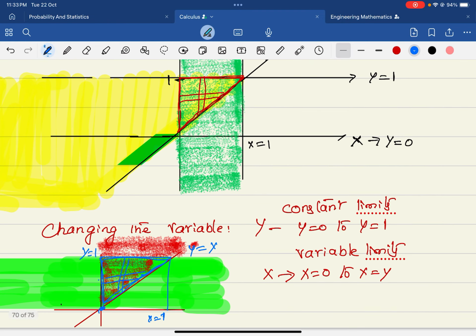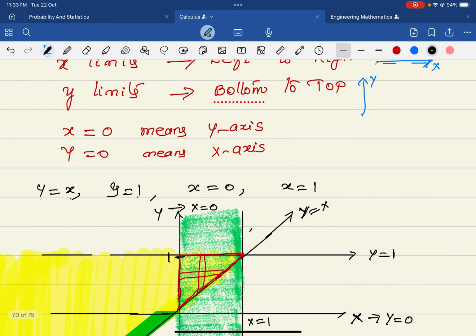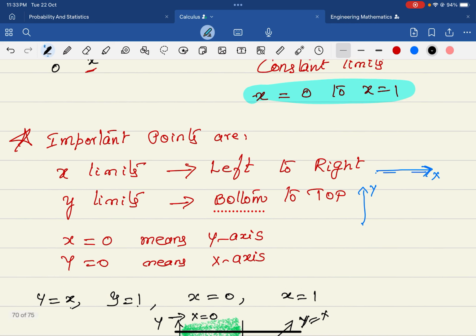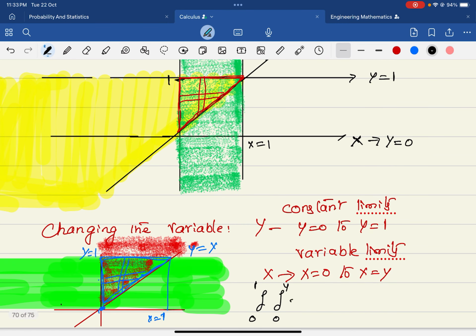So let us write down this. The limits are from y equal to 0 to y equal to 1 is the outermost, x equal to 0 to x equal to y is the innermost. So we rewrite the integral now, that is double integral from y equal to 0 to 1, x is equal to 0 to y. Now the function actually is x, and it is dx dy.